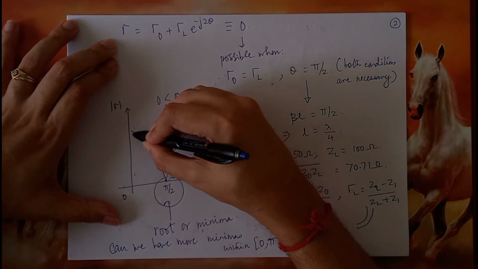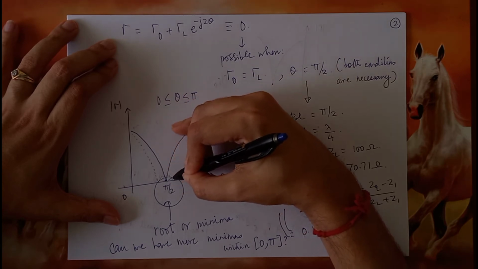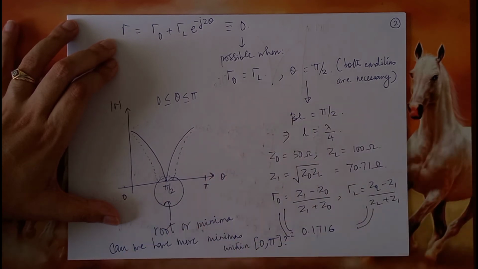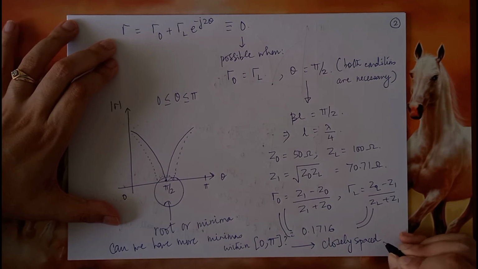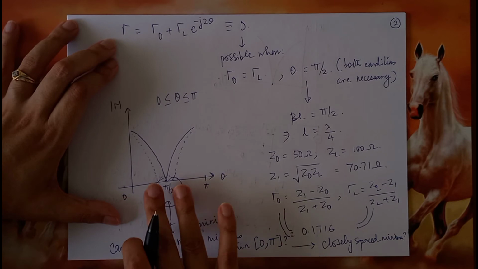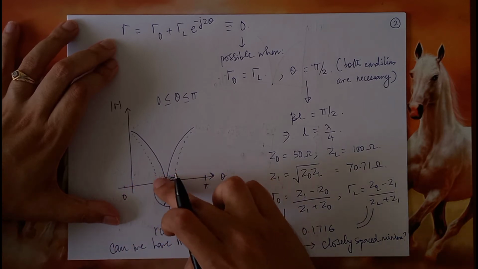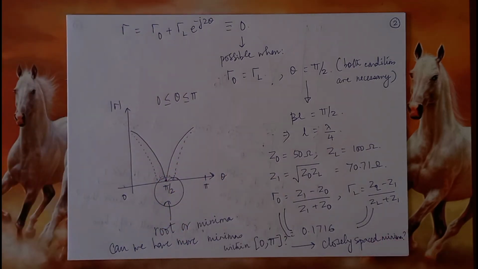Say for example, if there are two minimas, it might look something like this. But the point is, the minima should be closely spaced. Because if the minimas again start moving away from each other, then between the two minimas, the value of gamma will increase. So this is indeed something very interesting to think about.